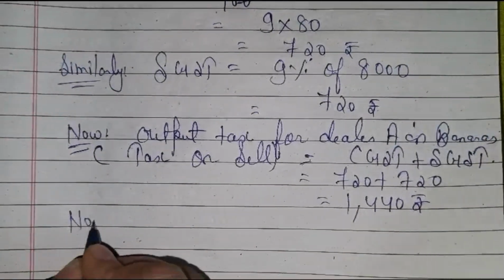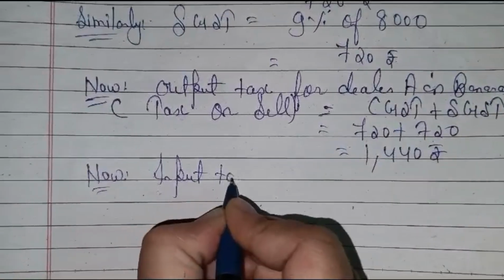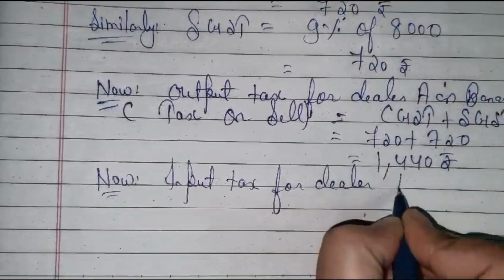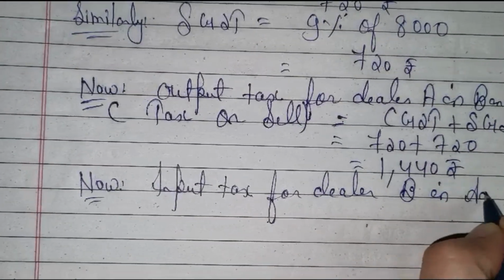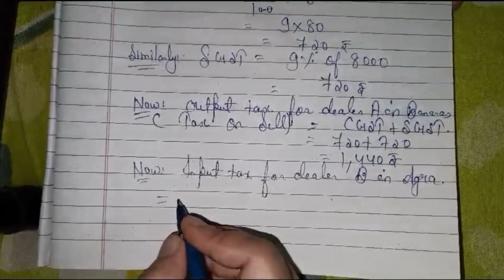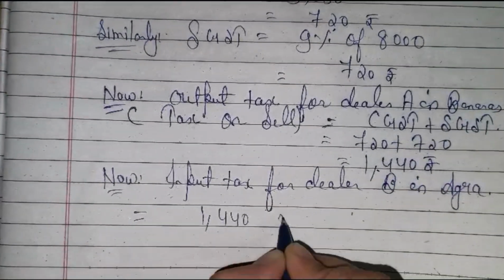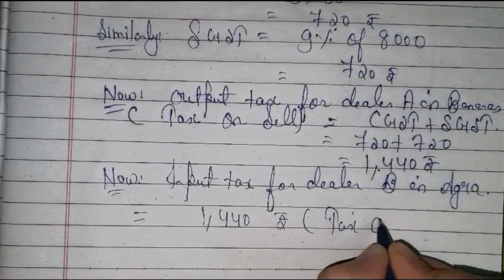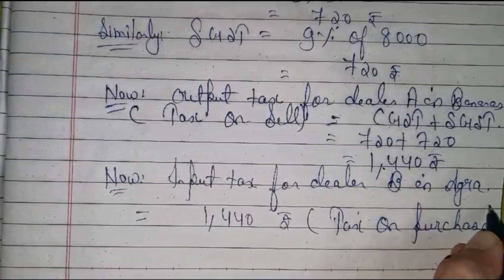Now input tax for dealer B in Agra equal to 1,440 rupees. Tax on purchase.